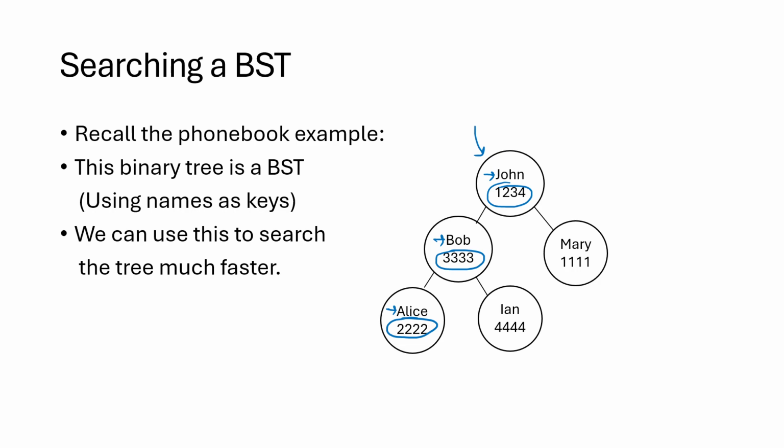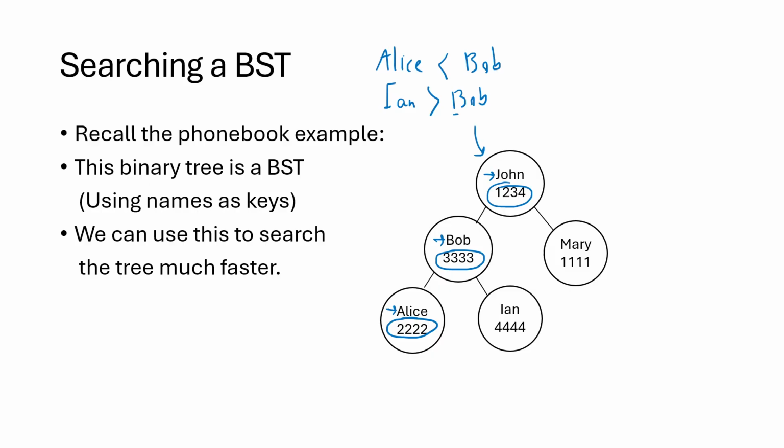But if you look at the names as the keys here, and also if you think about the order of the names as the alphabetical order, in that case, Alice, because it starts with A, is less than Bob, and Ian, because it starts with an I, is greater than Bob, because it starts with B, and so on.